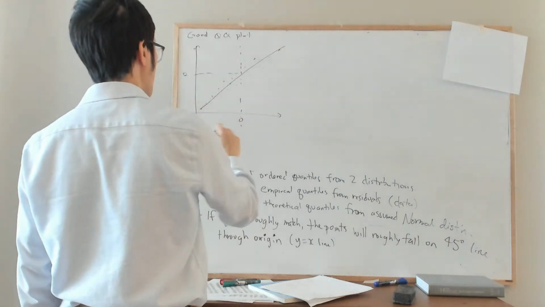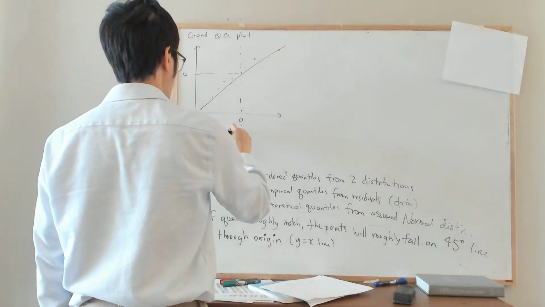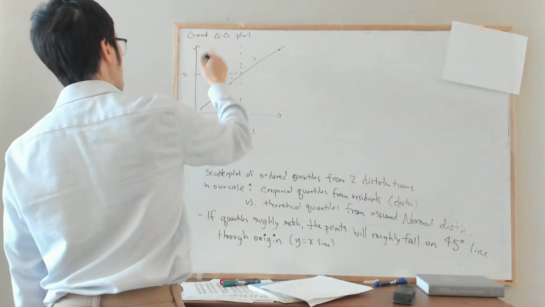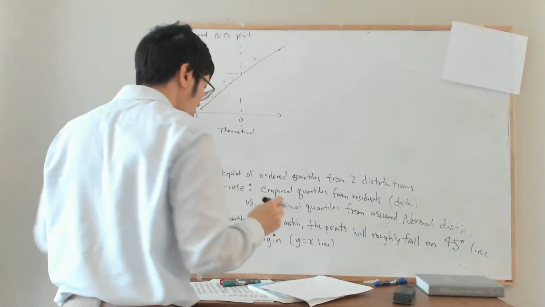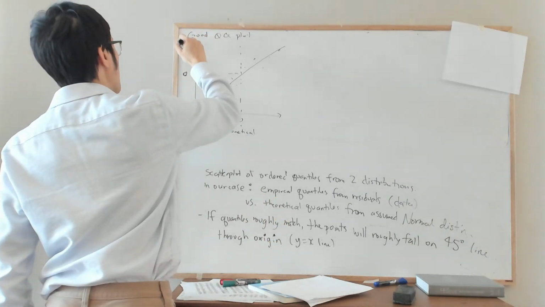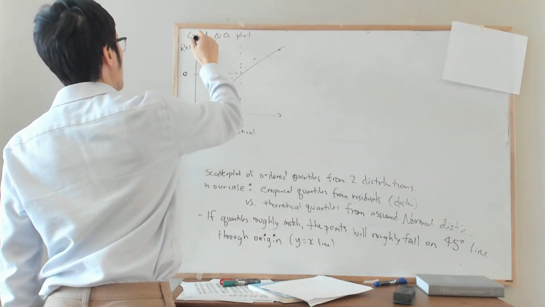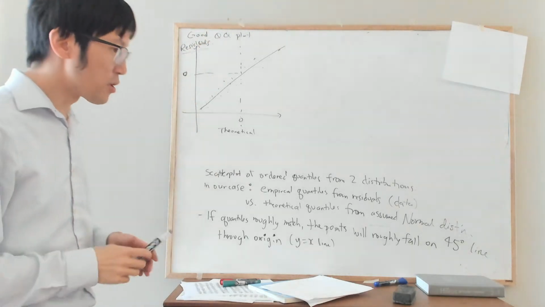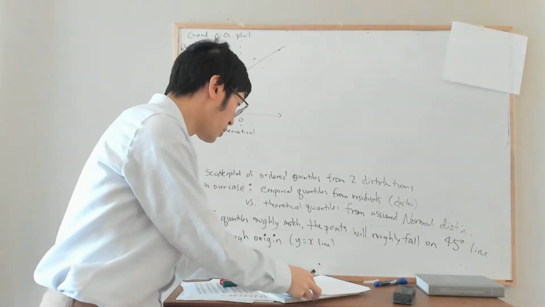On the x-axis we have the theoretical, so the normal quantiles, and on the y-axis we have the residual quantiles from the residuals. Okay, so that's a good QQ plot.